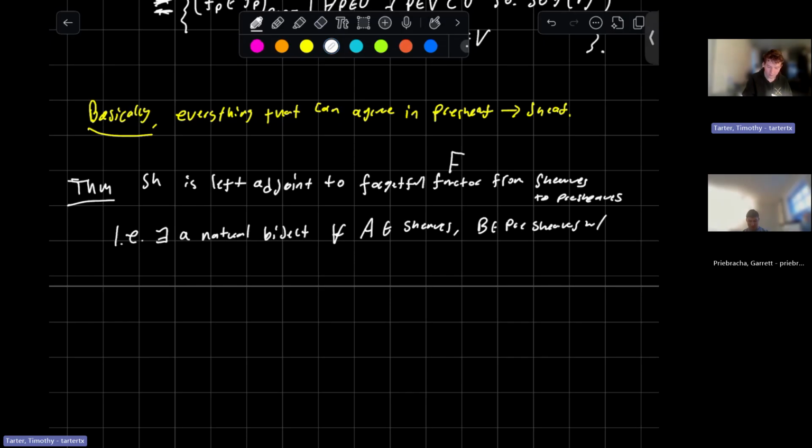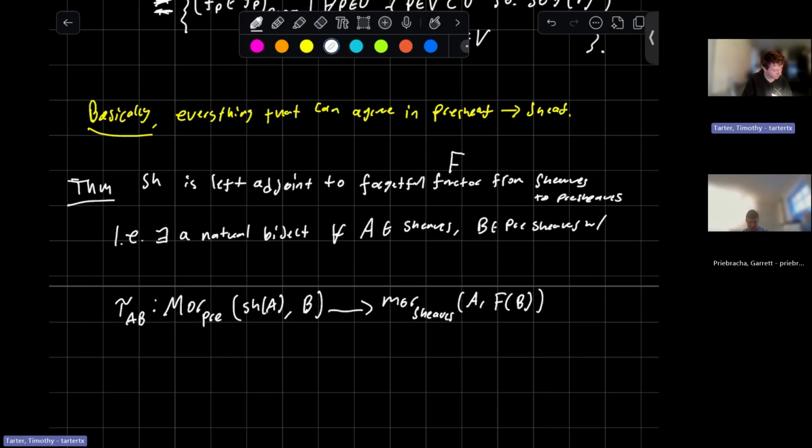I'm just going to call that F, such that tau_AB is defined from the morphisms of pre-sheaves of SH A to the morphism of sheaves A to the forgetful functor of B, except that doesn't make sense.